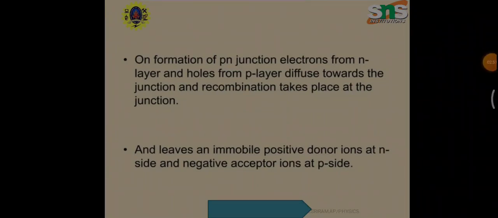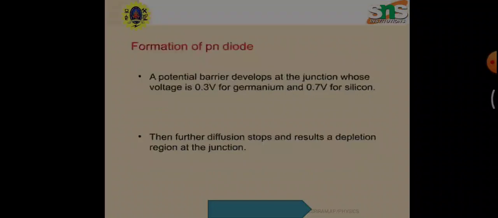On formation of the p-n junction, electrons from the n layer and holes from the p layer diffuse towards the junction. Recombination takes place at the junction and leaves the immobile positive donor ions on the n side and negative acceptor ions on the p side. A potential barrier develops at the junction, whose voltage is 0.3 volt for germanium and 0.7 volt for silicon.